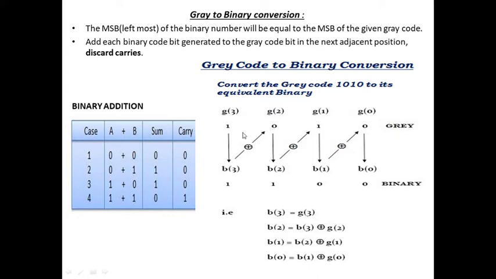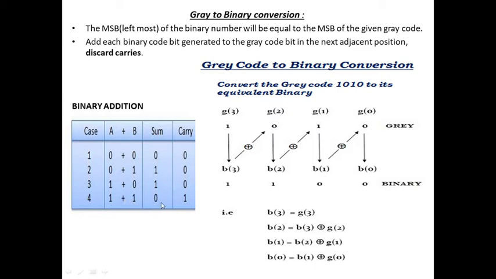Now, let's see the example. 1010 is a gray code and you have to convert it into binary. MSB has to be copied as it is, so this 1 comes here. Now, this has to be added with the next gray code bit. So 1 plus 0 is 1. 1 plus 1 is 0.